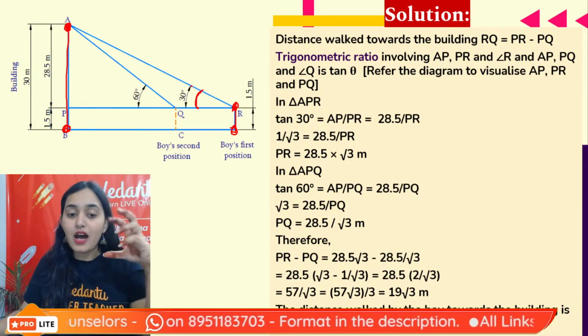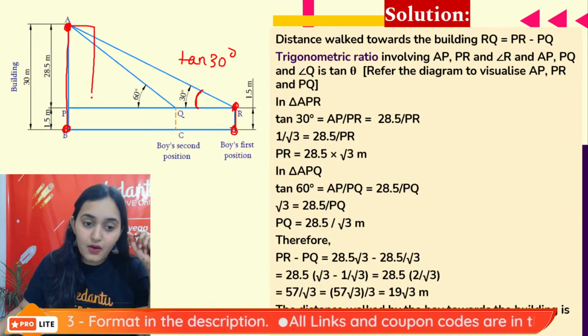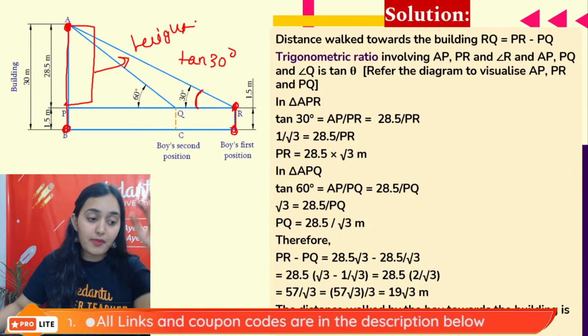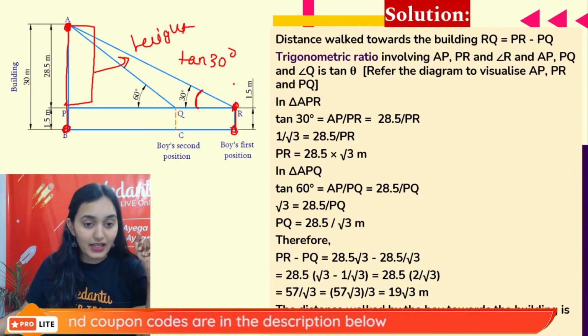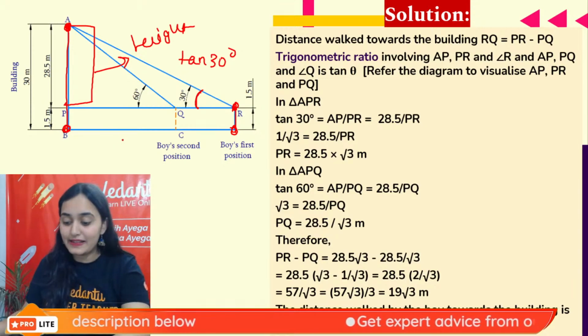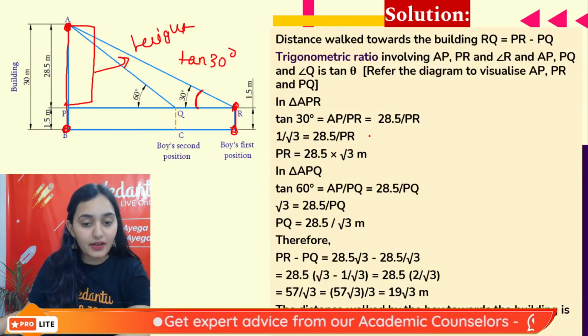Whenever you apply tan 30 degree, you will be talking about this height only, not the entire height. Therefore, the height will be subtracted, not added.